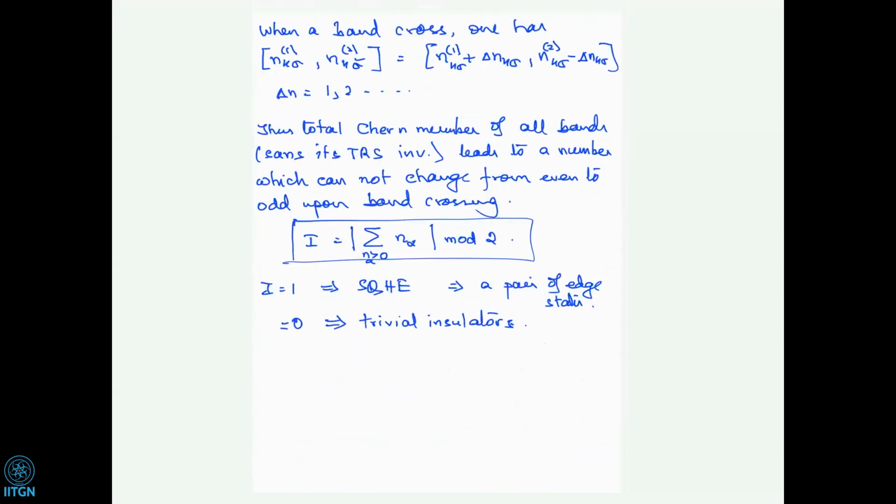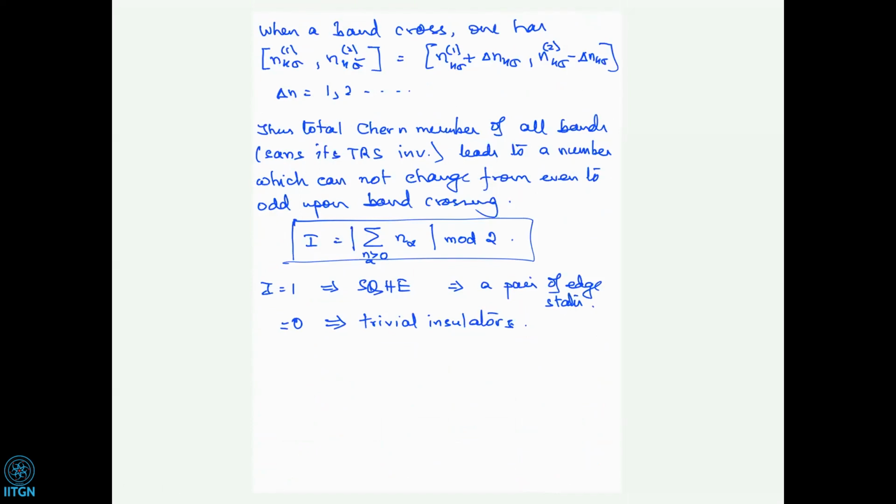And it is also guaranteed by time reversal symmetry that if a Kramers pair cross, and if one of the bands picks up a delta n at one of the crossings, it's going to pick up the same delta n at the other crossing also. Therefore, the total change in charge number of any bands can only occur modulo 2.